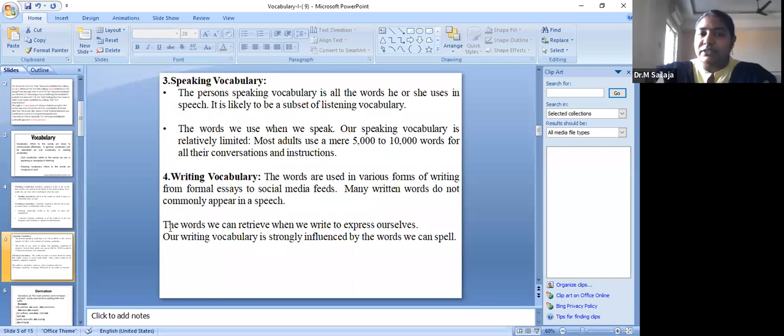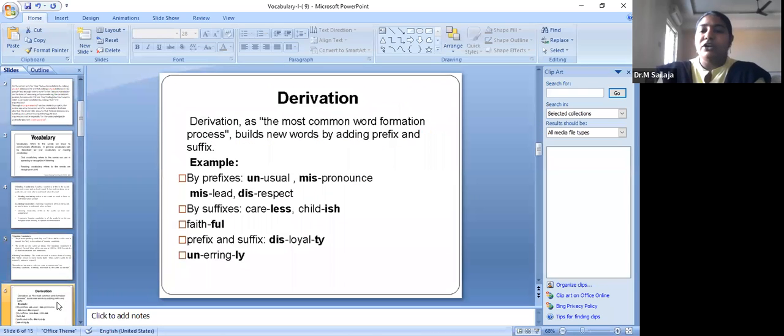In our vocabulary, we are going to learn different kinds of vocabulary types. Here, vocabulary means word. Also, knowing a new meaning of a word is called vocabulary.